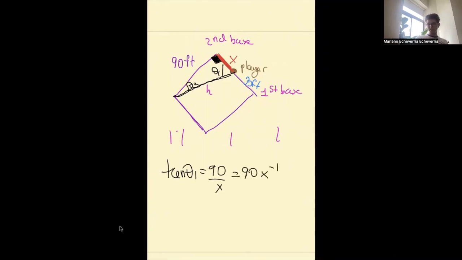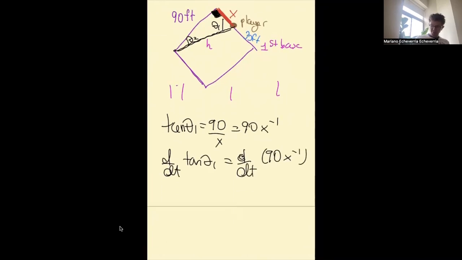Okay, so again, you can take the derivative with respect to t of both sides. So the derivative with respect to t of tangent of theta 1 is the derivative with respect to t of 90 times x to the negative 1. So you get, what's the derivative of tangent? It's secant squared of theta 1 times d theta 1 dt. And this gives you minus, what's this derivative? Minus 90 x to the negative 2 dx dt.